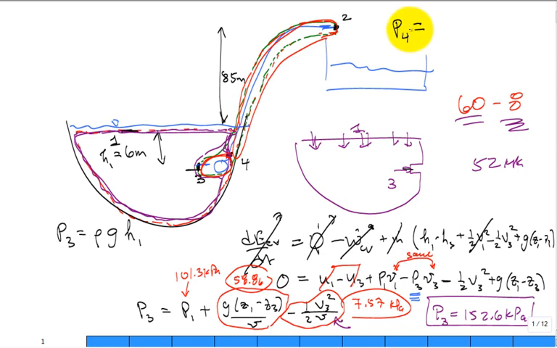Intuitively, how big a pressure at 4 do you think you get? High. It'll be almost rho G H, where the H is this 85 plus 6. Yeah, almost. But the pressure at 4 comes in at 994.9 kilopascal.